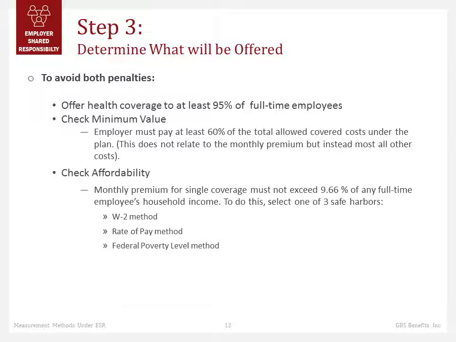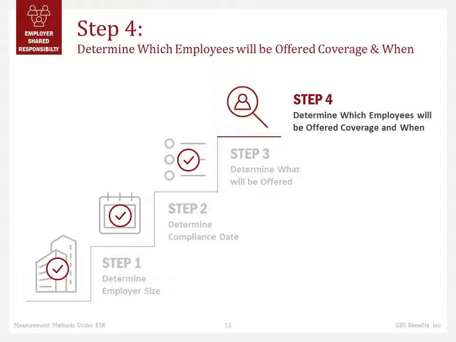And just as a side note there, you'll notice monthly premium for single coverage must not exceed 9.66%. For those of you who've been listening for a while, you understand that it used to be 9.5%, then it was 9.56% for 2015, but in 2016 it must not exceed 9.66%. So that's the quickest of reviews of step 1, 2, and 3.